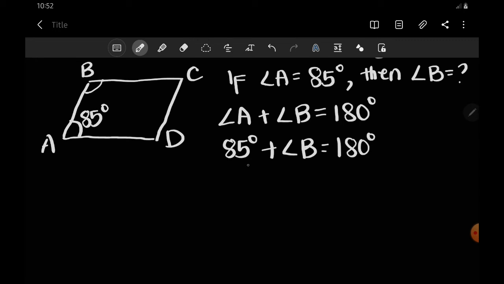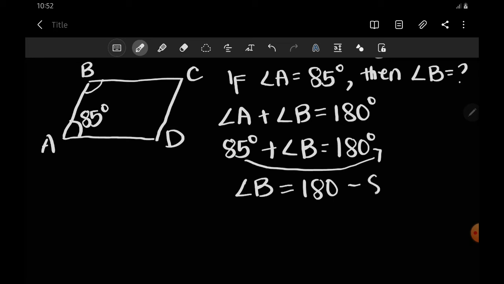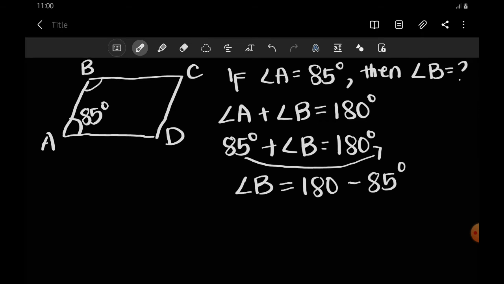We need to transpose 85 degrees to the right side of the equation. So angle B is equal to 180 degrees. Since this is positive, it will become negative, so minus 85 degrees. 180 minus 85, we have angle B is equal to 95 degrees.